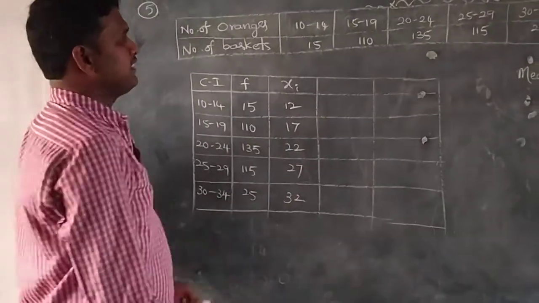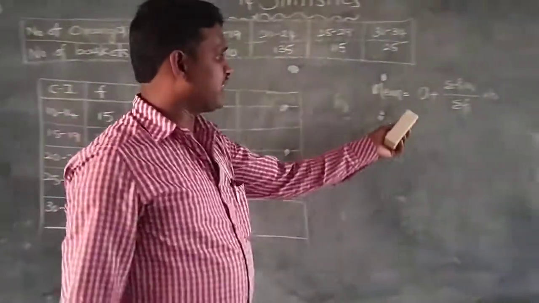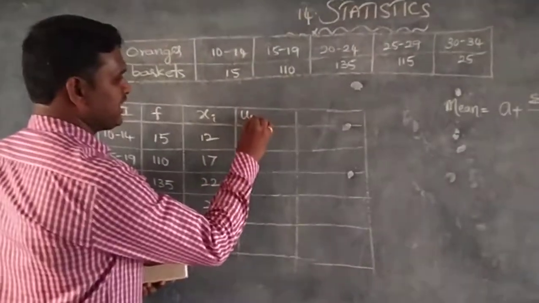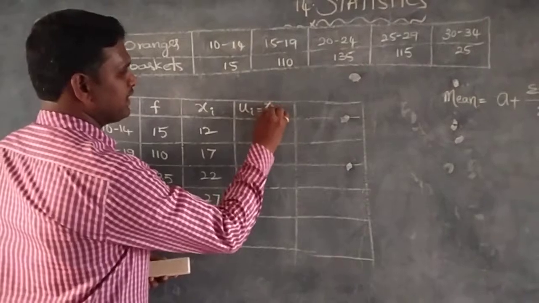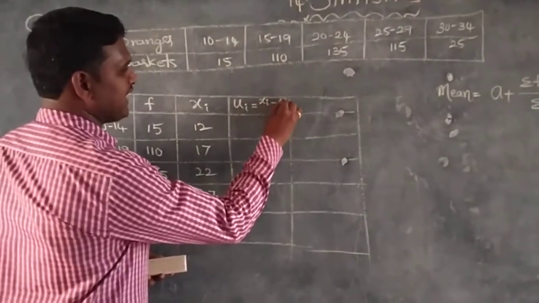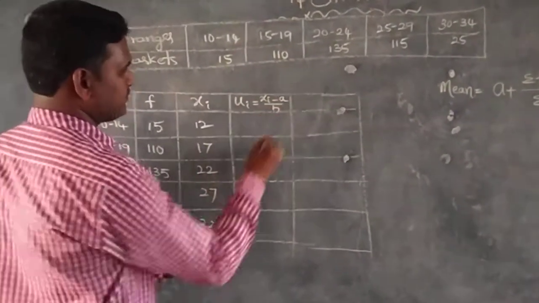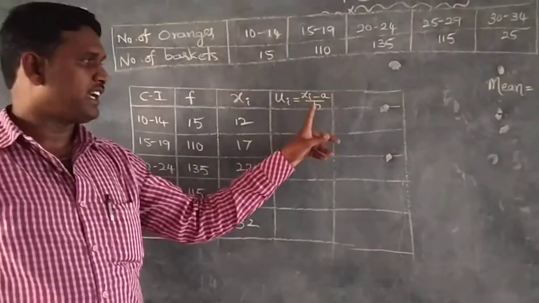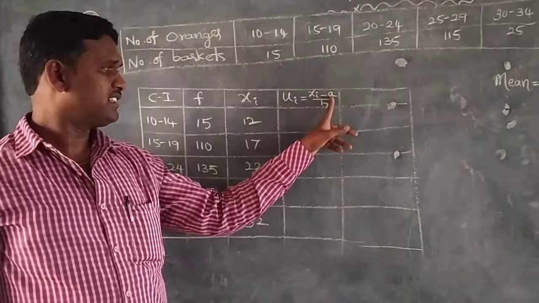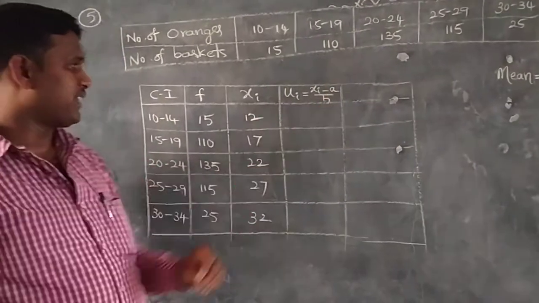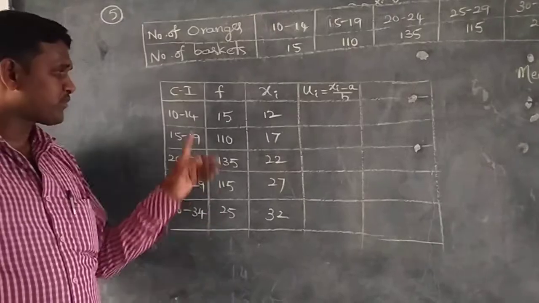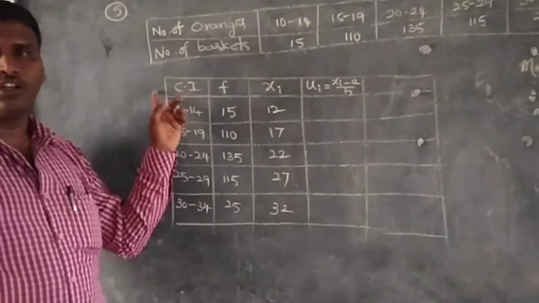After xi, this is the step deviation method. Now we are learning the step deviation method. In the step deviation method, we need to take ui, that is xi minus a by h. Now what is a? What is h? h is the difference of consecutive upper limits or lower limits.